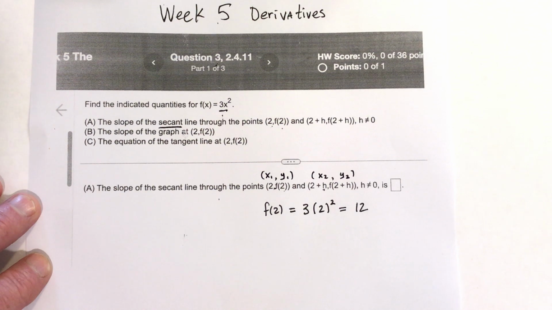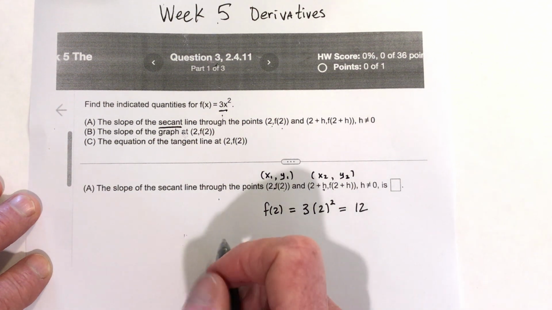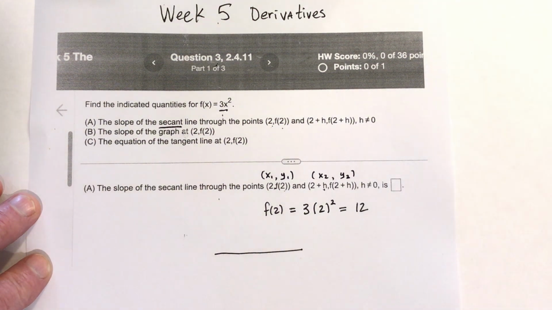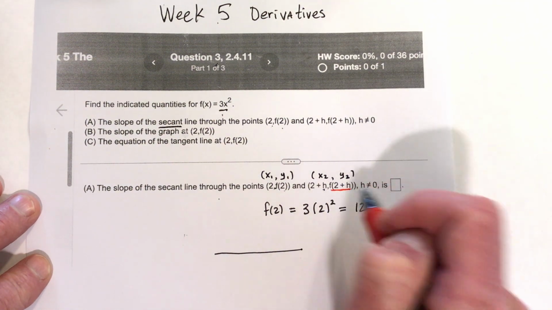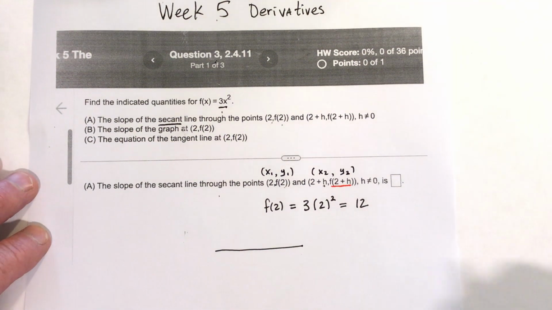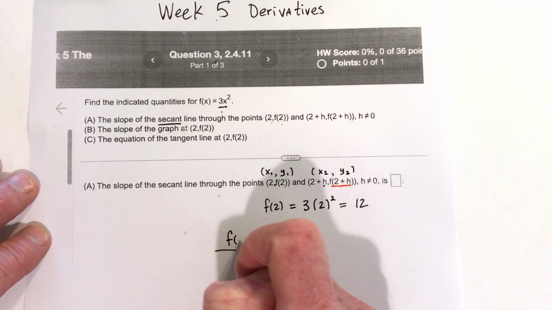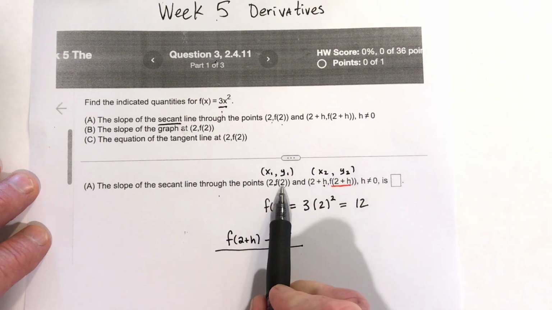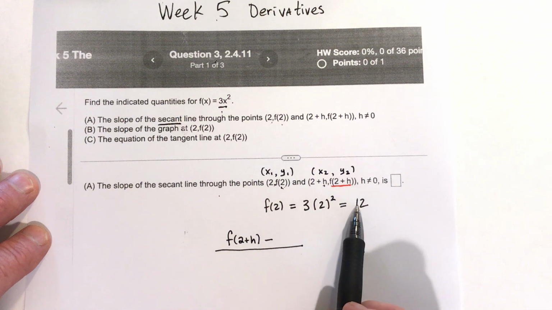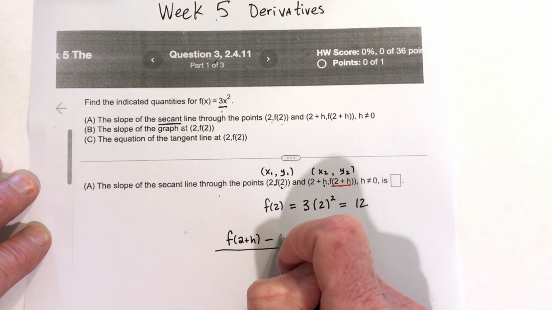And now find slope. So for slope, you subtract the two y values. So this is y2. So they're saying that's f of 2 plus h minus the other y value, which is this f of 2, which I went ahead and figured out. That equals a 12.